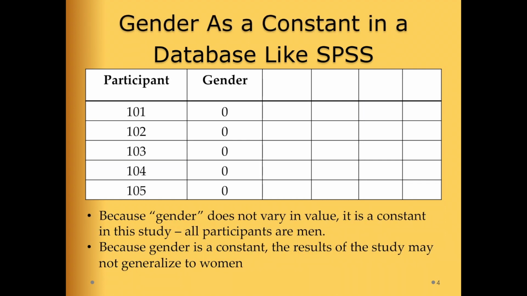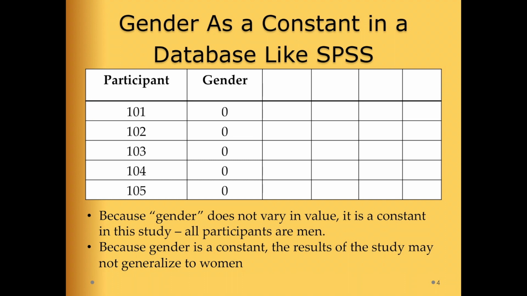In this example, we see what a database might look like if gender was a constant in a study. Note that all participants are men. Because gender does not vary in this study, it is a constant. Researchers will make concepts that vary in nature into constants in their studies in order to improve experimental control.